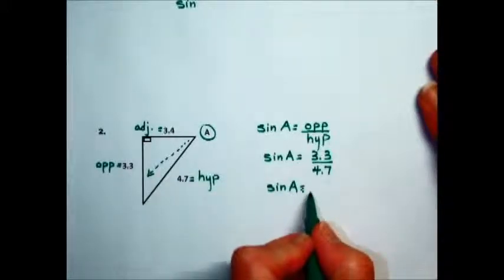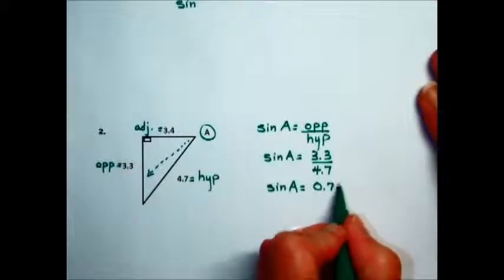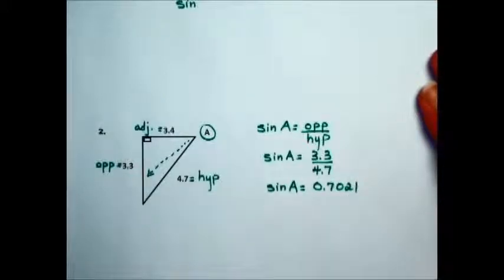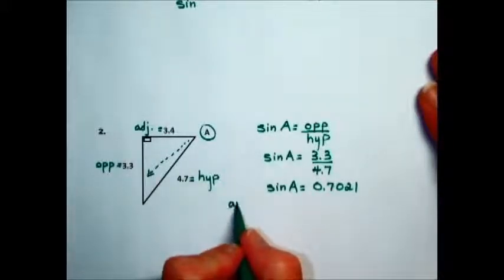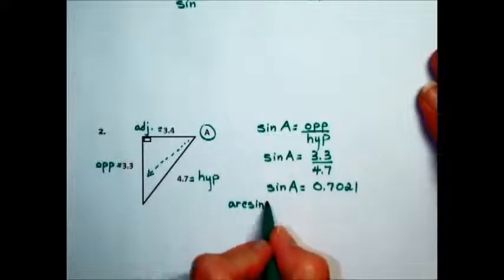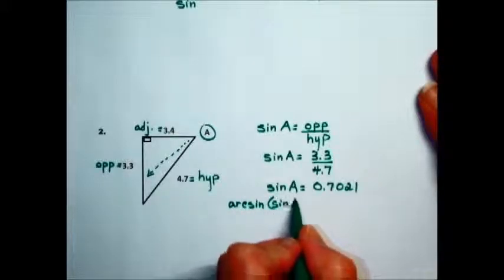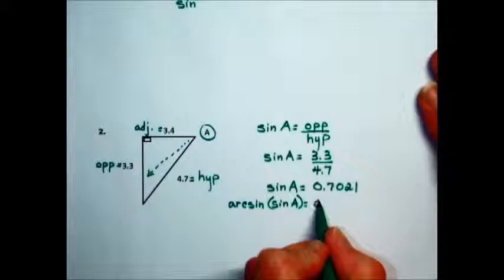That gives us a value of 0.7021. And the last step is we're going to use arc sine on both sides to undo the sine function.